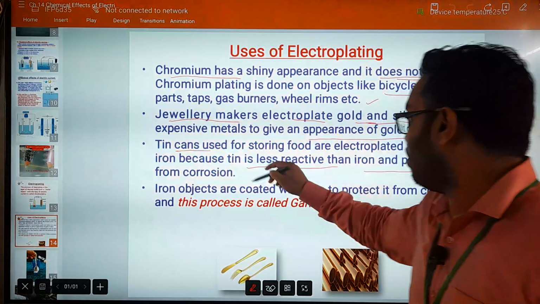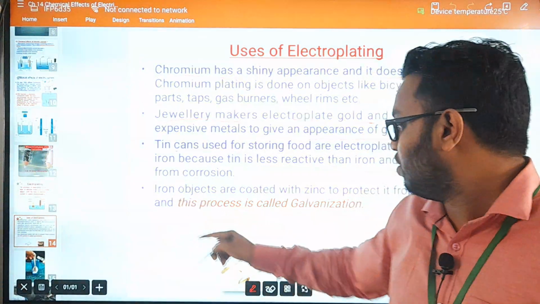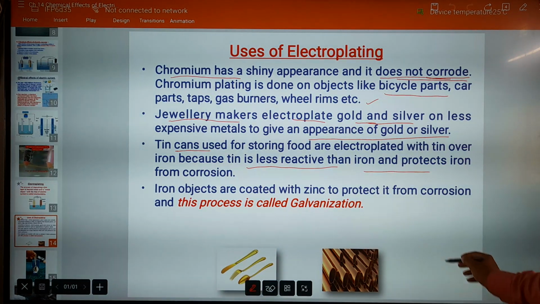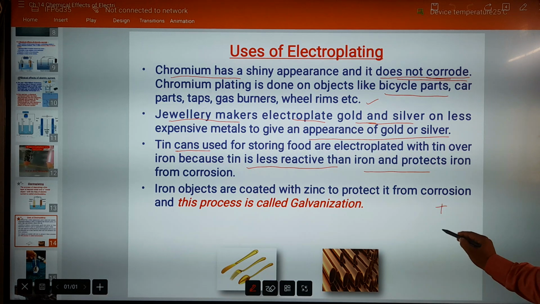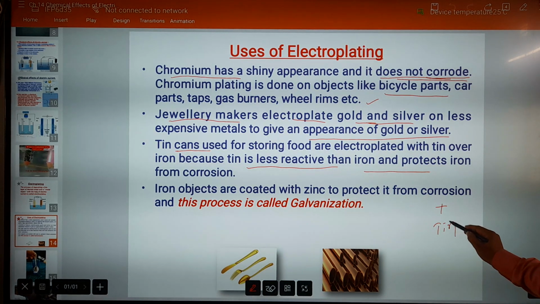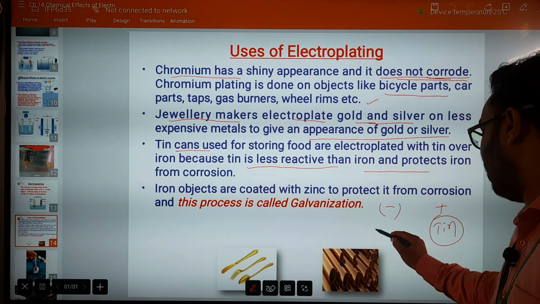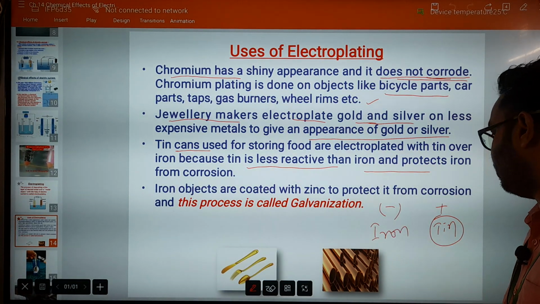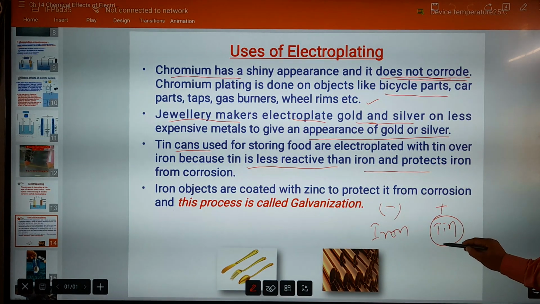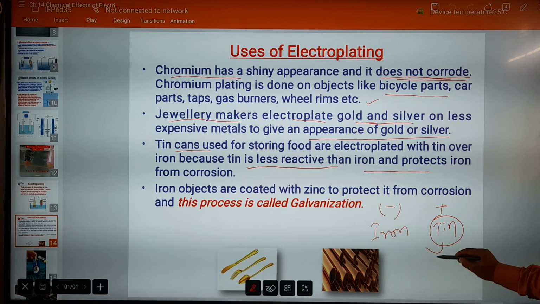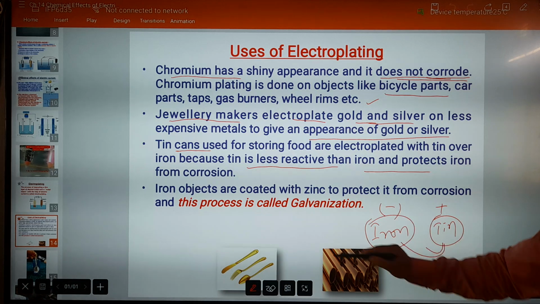So if you are electroplating tin over iron, on the positive side you take tin. Positive side means anode, and on the negative side you take iron. Yes or no? Yes. Negative side is cathode. Then the metal will come to the negative side and deposit on iron.